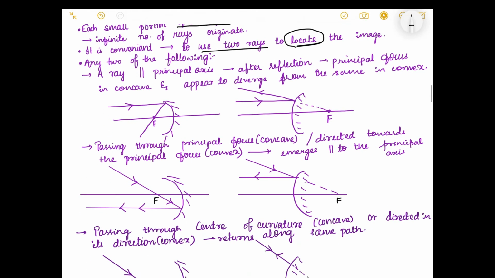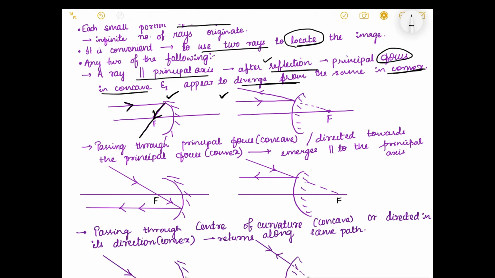Any two of the following rays can be used. A ray parallel to the principal axis, after reflection, passes through the principal focus in a concave mirror and appears to diverge from the same in the convex mirror. Now let us consider this image. This ray is incident on the mirror and after reflection it passes through the focus.